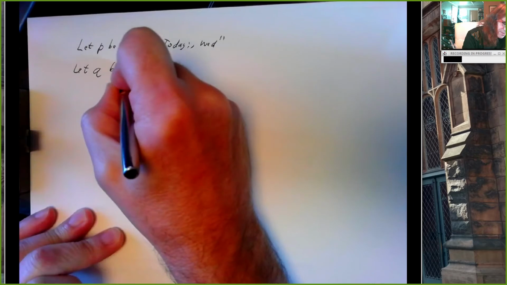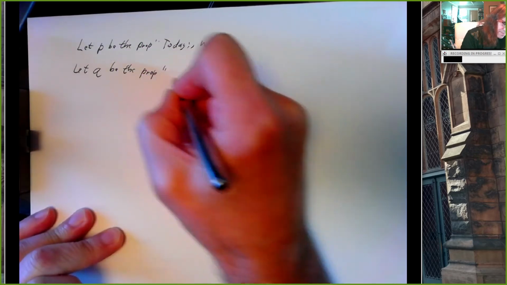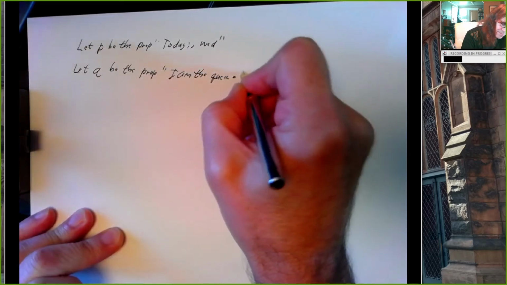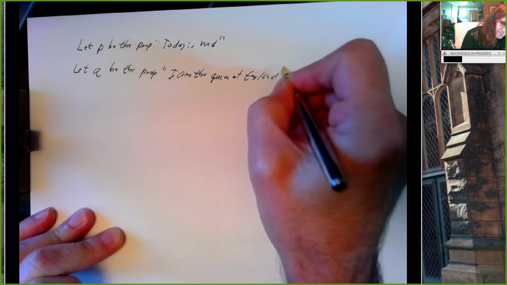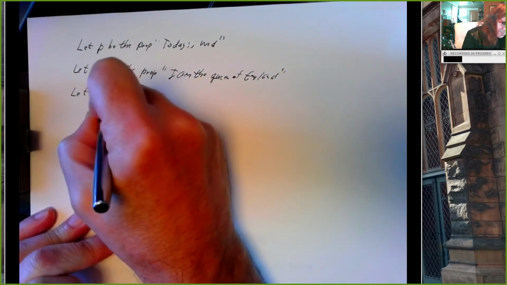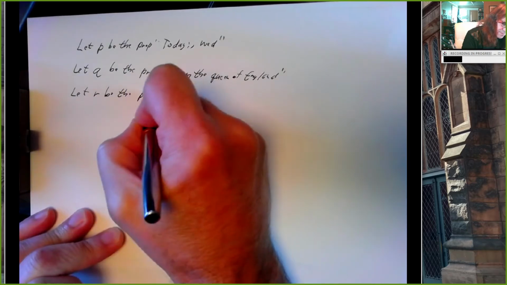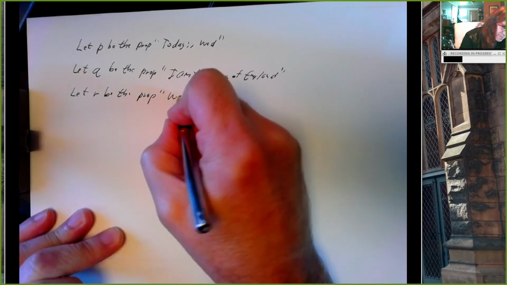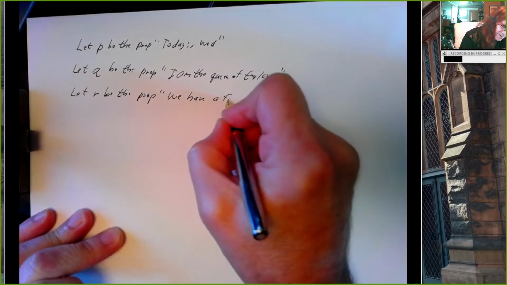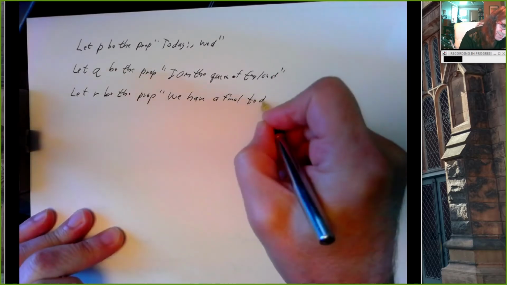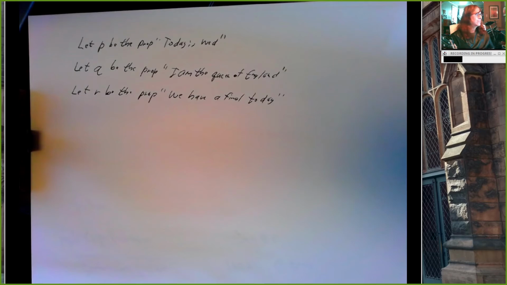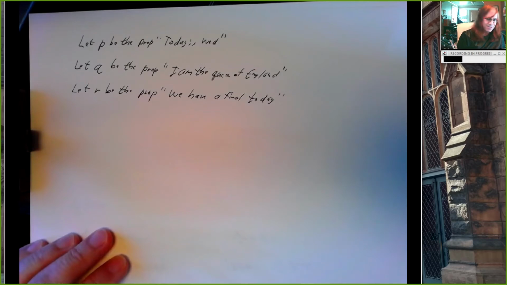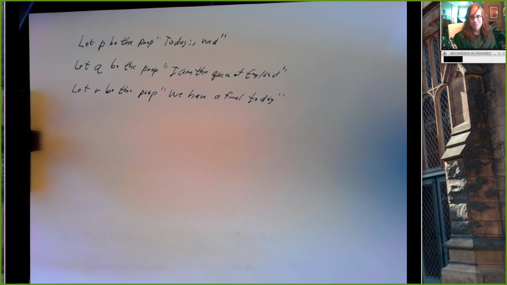Let Q be the proposition: I am the Queen of England. And let R be the proposition: We have a final today. Alright, so 3 propositions. P is the proposition today is Wednesday, Q is the proposition that I'm the Queen of England, and R is the proposition that we have a final today.